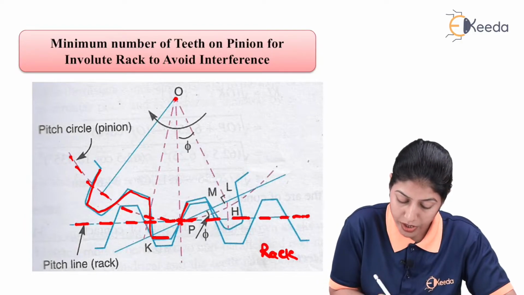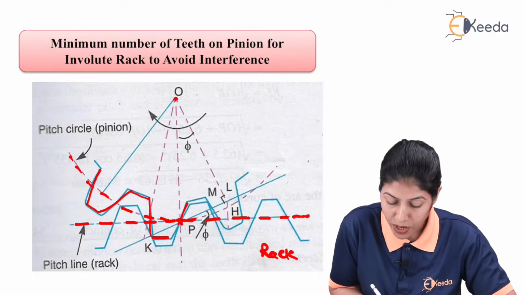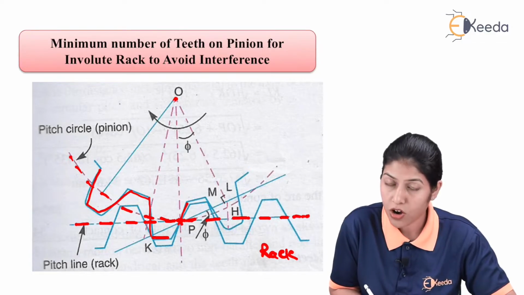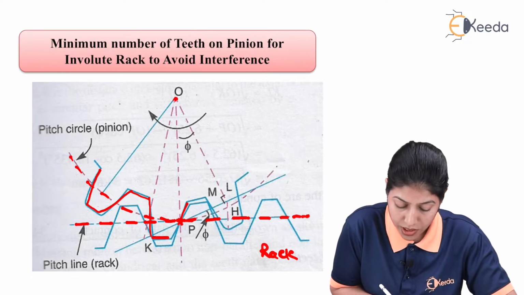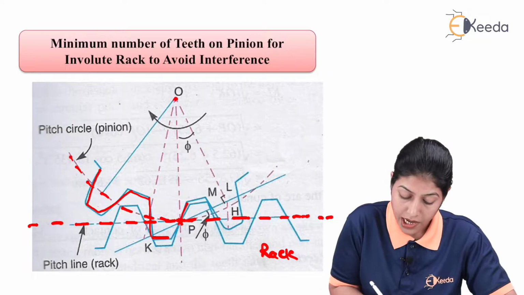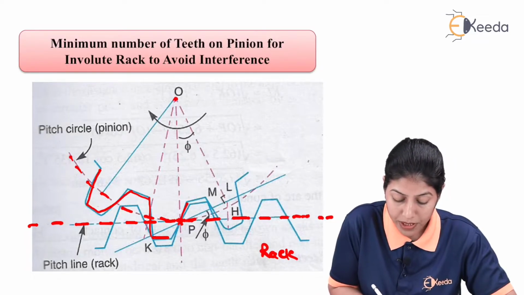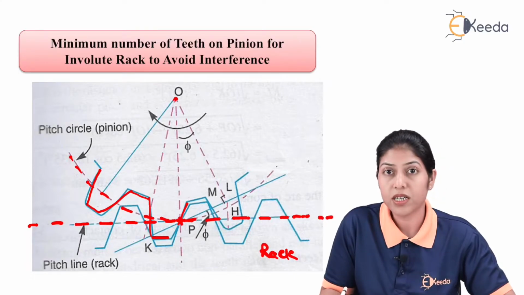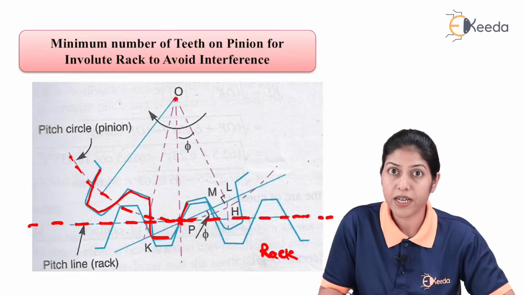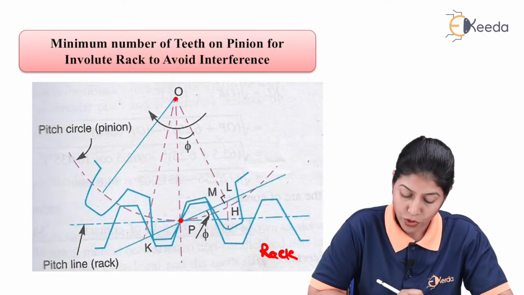That particular point we will consider, and we will draw a straight horizontal line through it. This line represents the baseline of the rack, and when the baseline of the rack intersects the pitch circle of the pinion, that particular point we consider as the pitch point. So P represents the pitch point during the contact of the pinion and the rack.